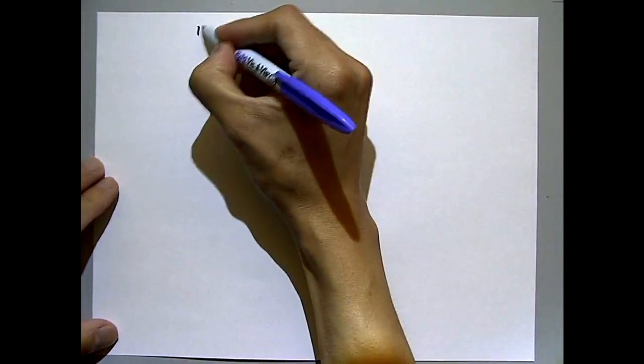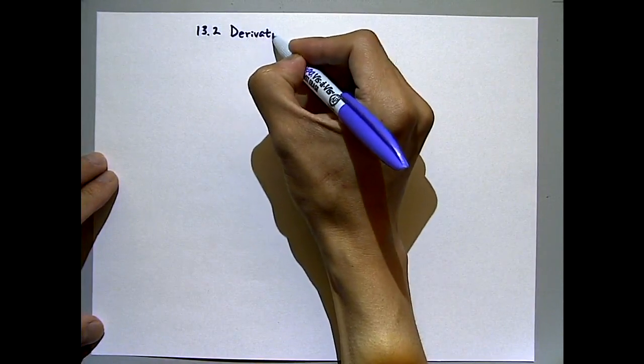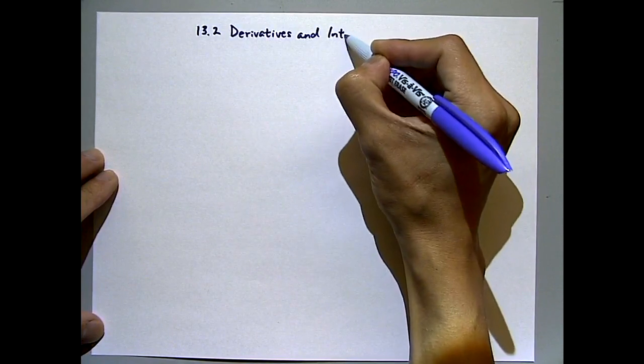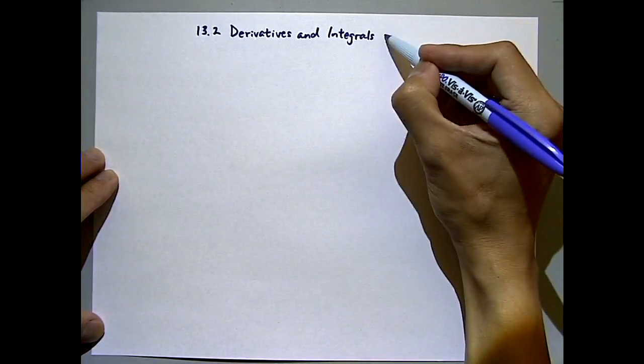And today we're going to look at section 13.2. We're finally going to be doing a little bit of calculus with vectors. We'll be looking at derivatives and integrals of vector functions.